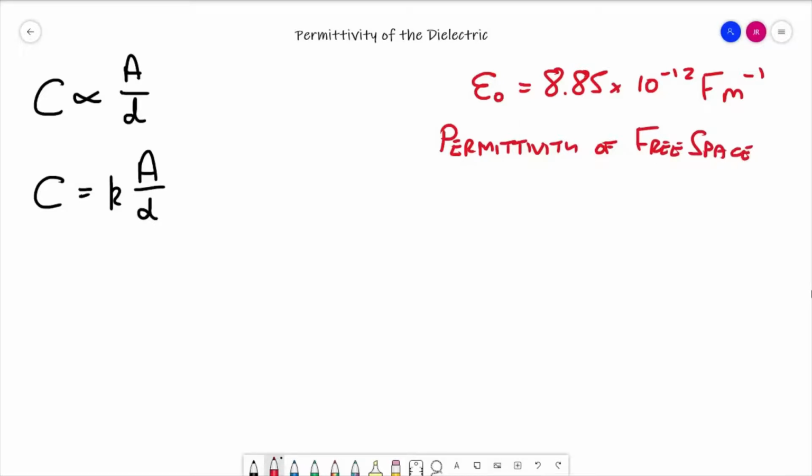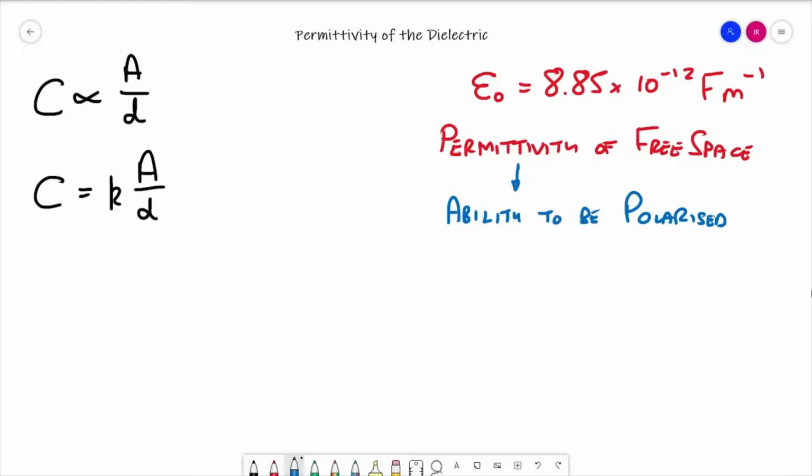Now, permittivity, we didn't really go into much detail when we did the electric fields topic, but permittivity of a material is a measure of the ability of that material to be polarised. So the higher the permittivity, the more able that material is to be polarised, and therefore the better it acts as a dielectric.